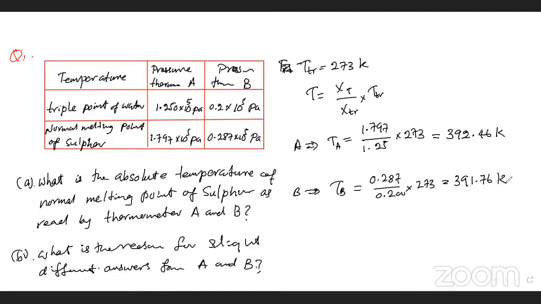So approximately equal, but there is a little difference. The reason is because of the oxygen and hydrogen values. Those are not ideal gases, so the slight difference in the temperature of the two thermometers is due to oxygen and hydrogen not being ideal gases.